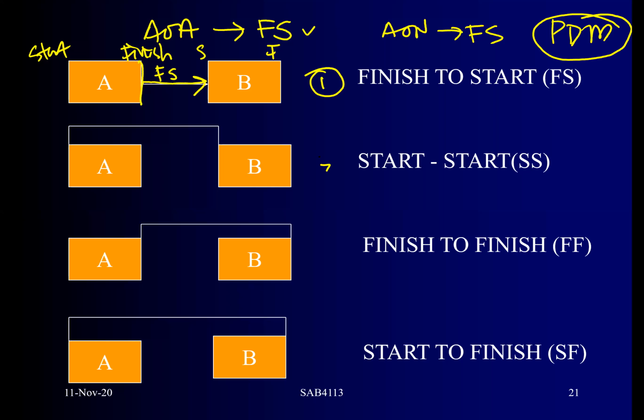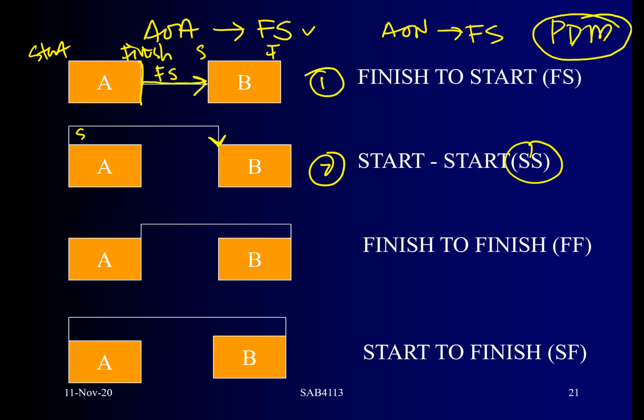Okay, number 2, start to start, or we call it SS. Let's say A, when the arrow is coming from the left side of the box, it indicates S, start, and then it will go. When you draw an arrow it must have a tail and head. This is what we call the arrowhead.